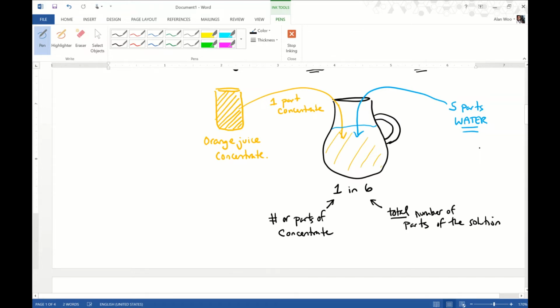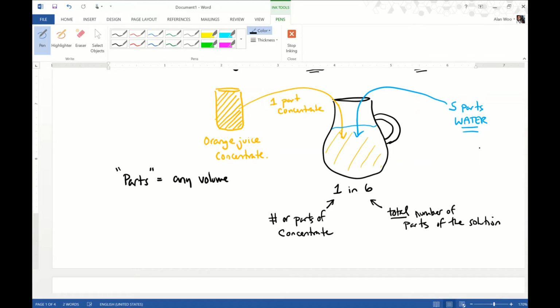What this kind of thing can do is, parts can mean any quantity. Parts can equal any volume. It could be 100 mils, 200 mils, 300 mils, it doesn't matter. If a part is 100 mils, then I have to add 500 mils water, and the total will be 600 mils.